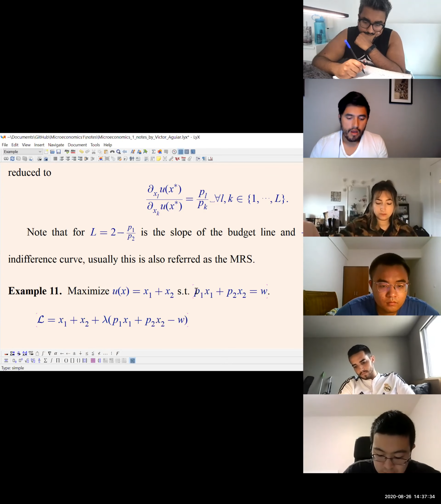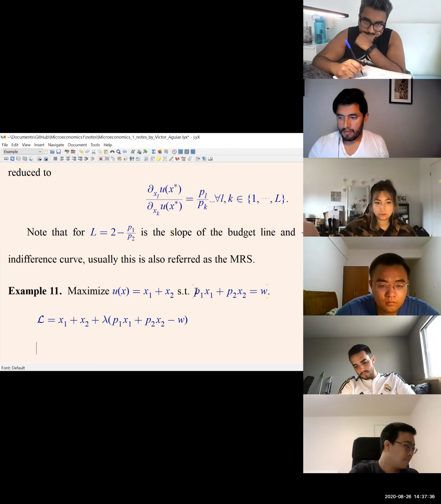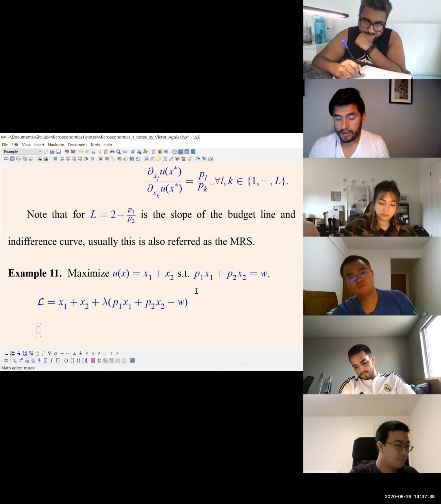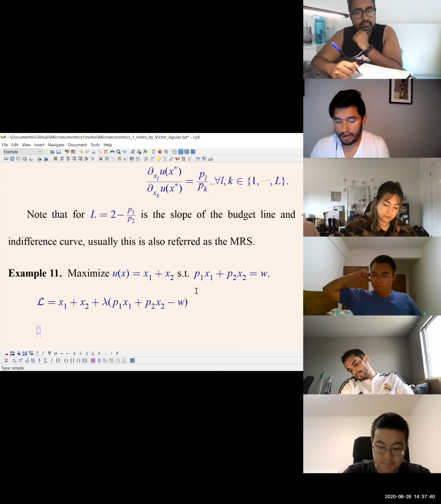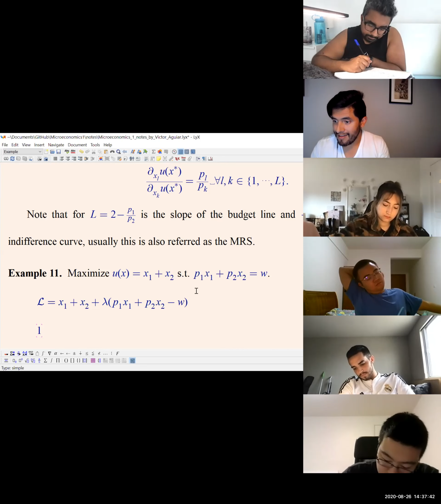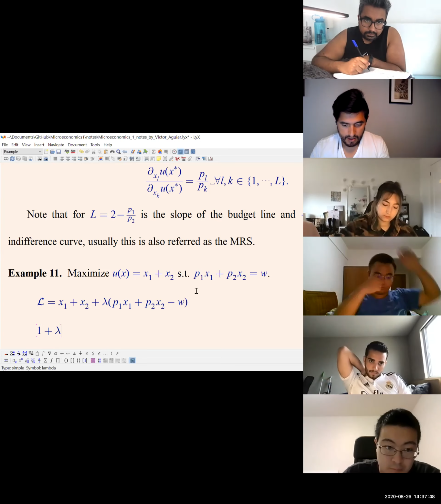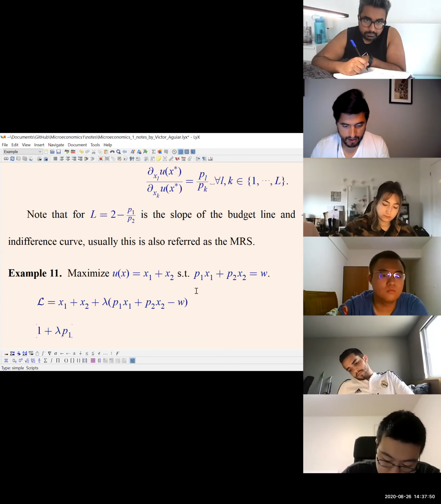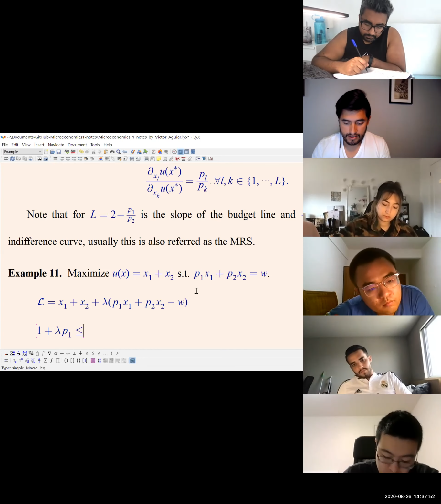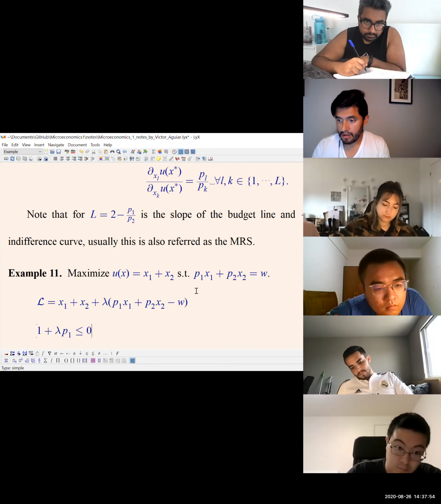Let me obtain the first order conditions. With respect to x1, what is it? It is 1, and then I have plus lambda p1, and now this is less than or equal to 0.